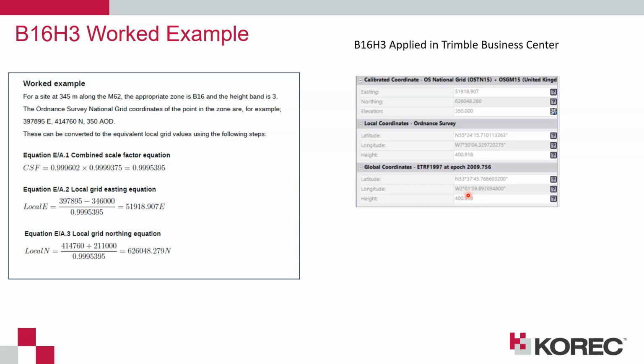An initial test has been made by applying the B16H3 zone as added to the coordinate system database to the worked example coordinate in a Trimble Business Centre project. And you can see a screen grab from the Trimble Business Centre project here showing the projected coordinate values.